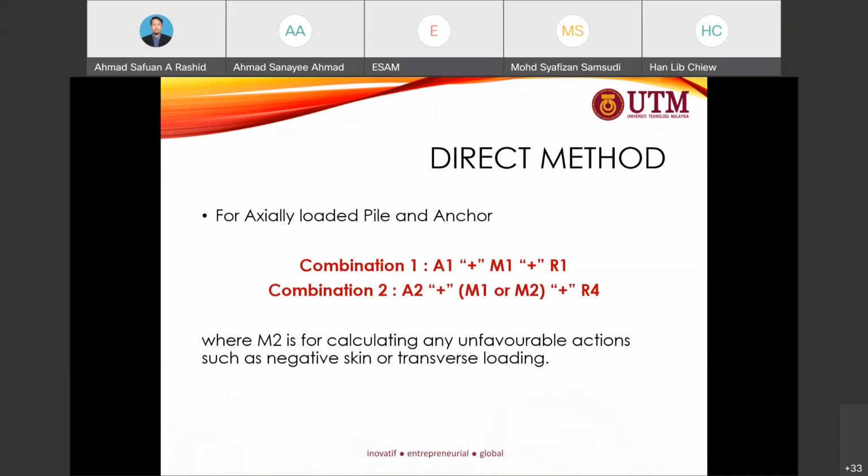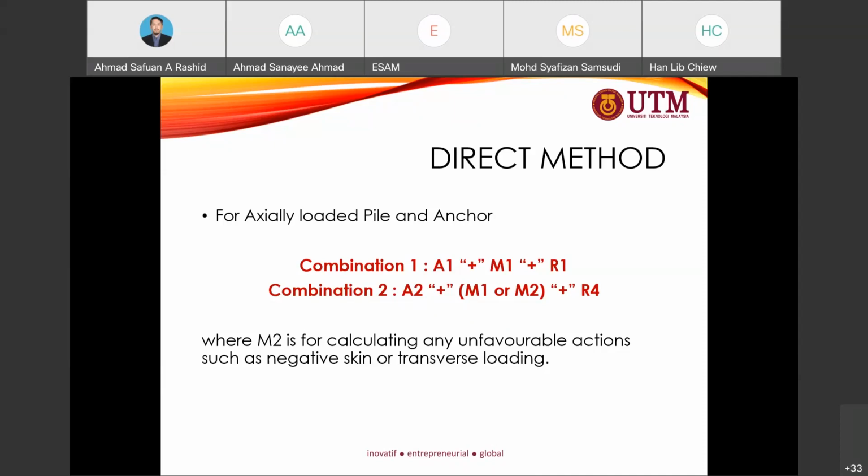So then we have a combination number one: A1 plus M1 plus R1. And then we have combination number two, which is A1 plus M1 or M2, and then plus R4. The R4 is a little bit different from the shallow foundation, where for the shallow foundation they use the R1. M2 is for calculating any unfavorable action such as negative skin friction or transverse loads.